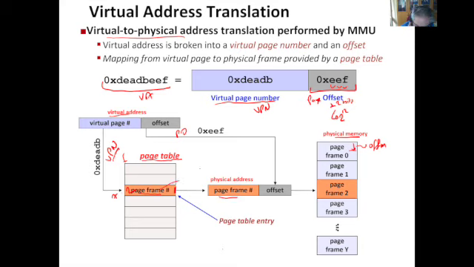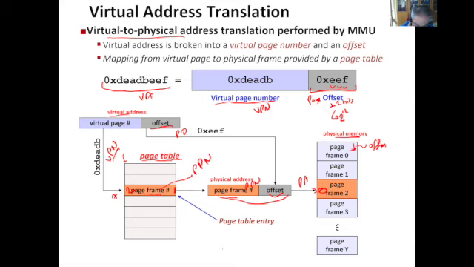We also call this the PPN. Given this physical page number, if we append the offset, which is what we had here, this gives us the physical address. With this physical address, I can access my physical memory and get the data.